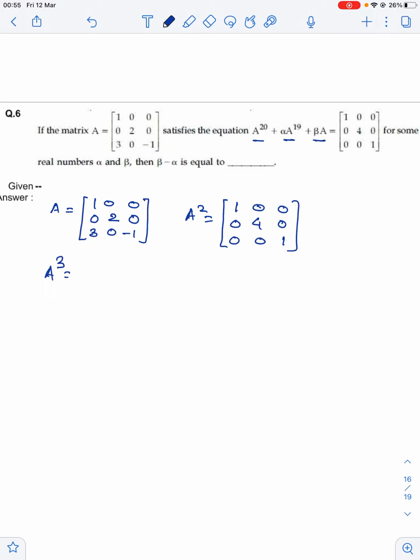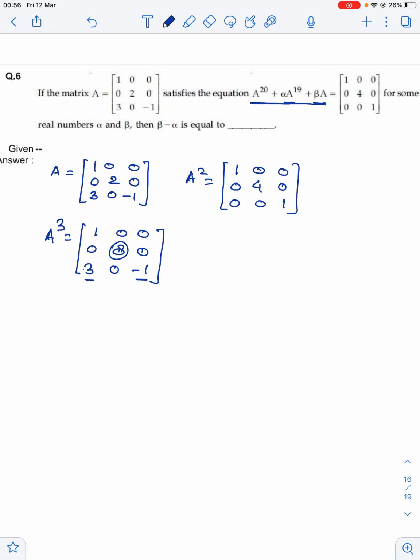If I calculate A cube, it will give us a clear picture: [1 0 0; 0 8 0; 3 0 -1]. So you can see the change. The exact middle term is changing, the power of 2 as the power of A. This term keeps on becoming 0 and 3, and 0 and 3, and this is becoming plus minus 1 according to the odd and even power.